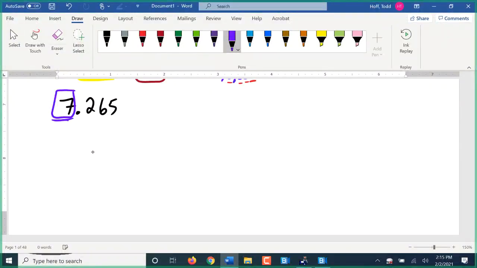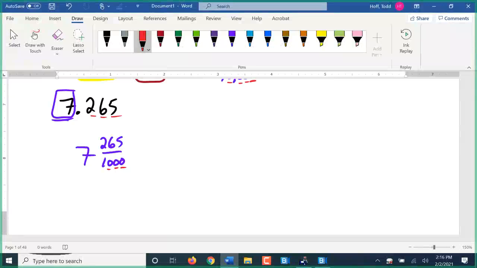So that 7 is just the whole number portion of that number. 265 thousandths is what the decimal is saying. Again, 1, 2, 3 decimal places, 1, 2, 3 zeros in our denominator.